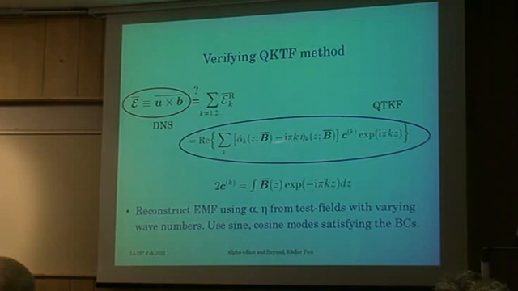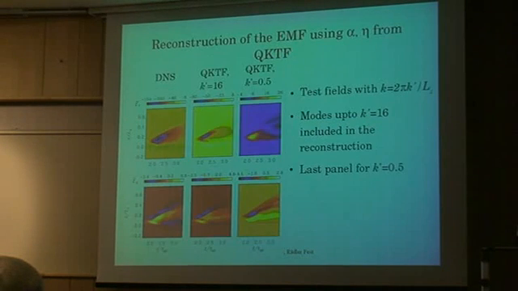So one of the easiest ways of checking it is to reassemble the EMF that we obtained from this alpha hat and eta hat and add them up and then see whether this reconstructed EMF, which is denoted by an R superscript, is equal to the actual EMF that we get from the DNS. So that is what we do.